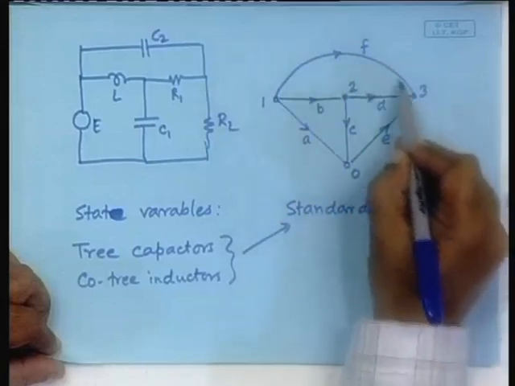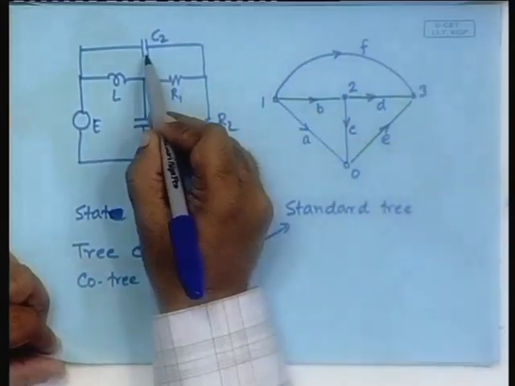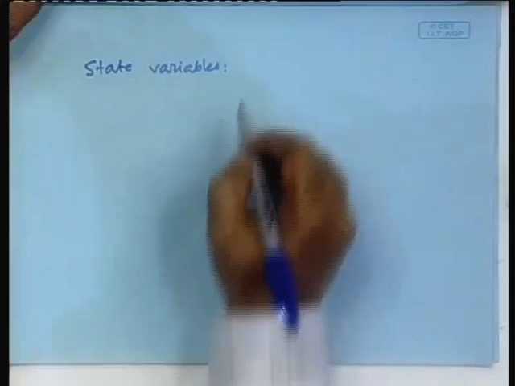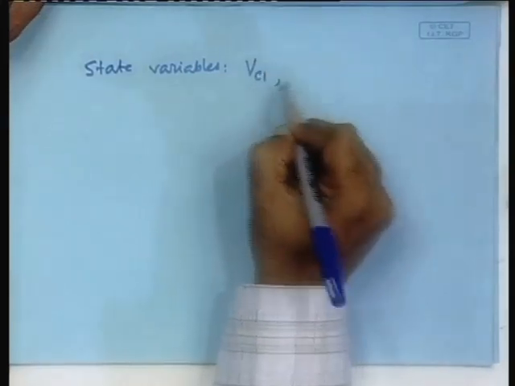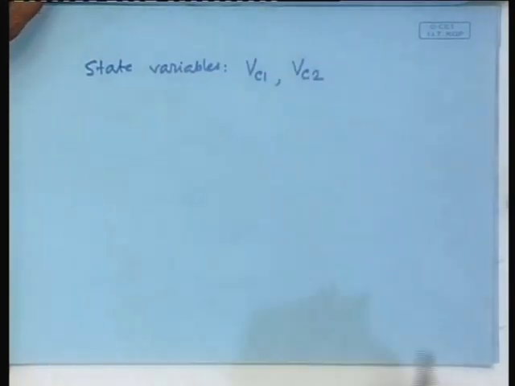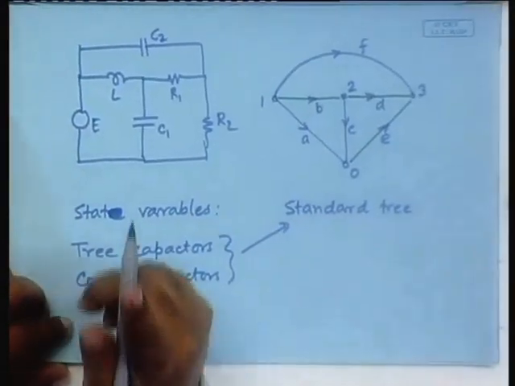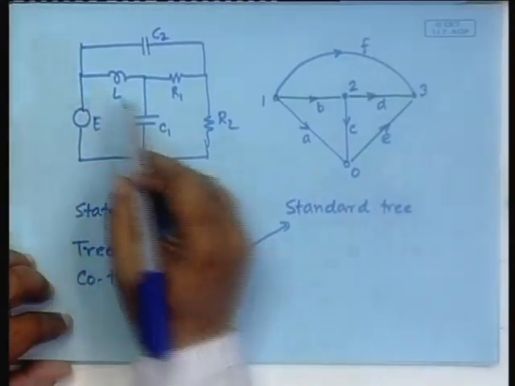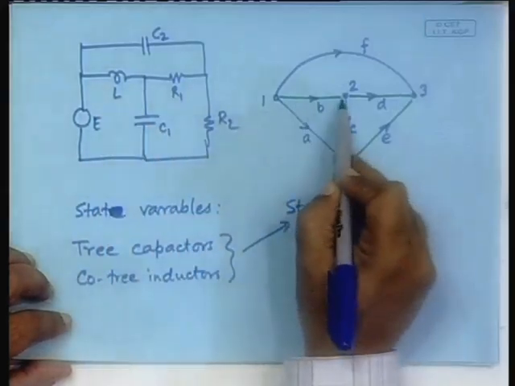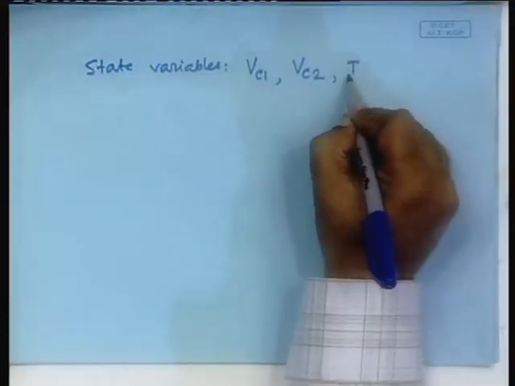This is also a part of the standard tree. So, VC2 another state variable, VC1 and VC2. Okay. And the inductor current, that is part of the co-tree. So, inductor, that is part of the co-tree, it is IL.